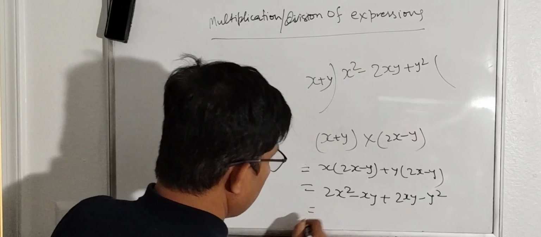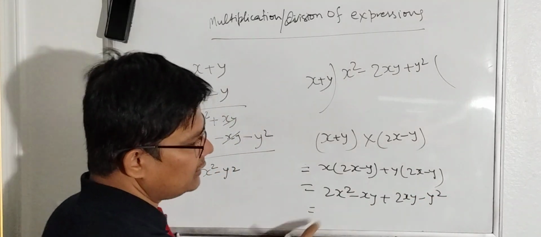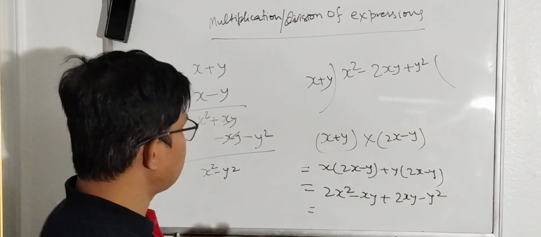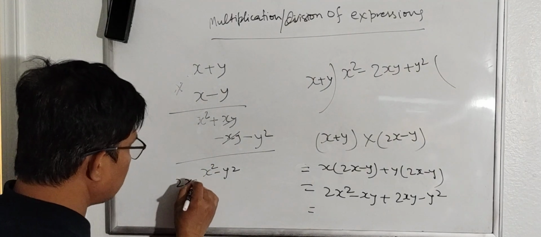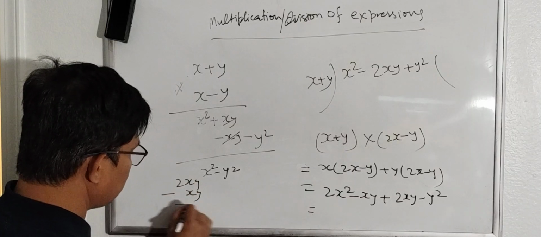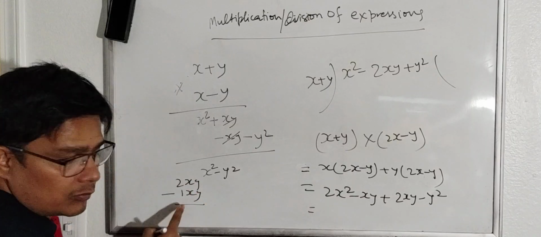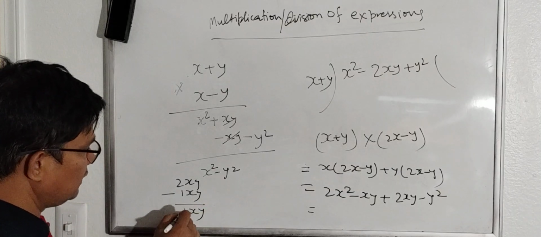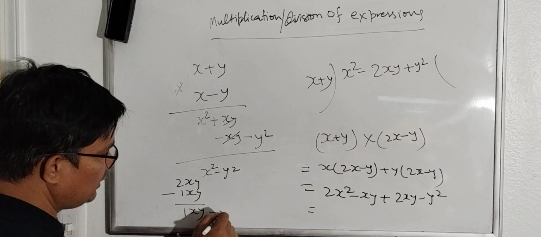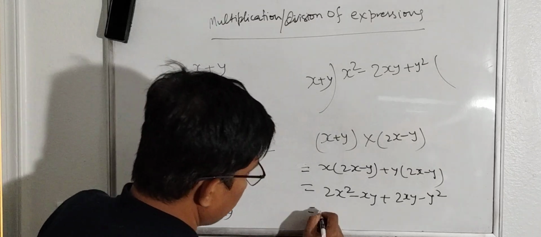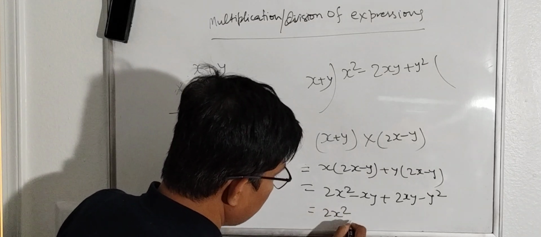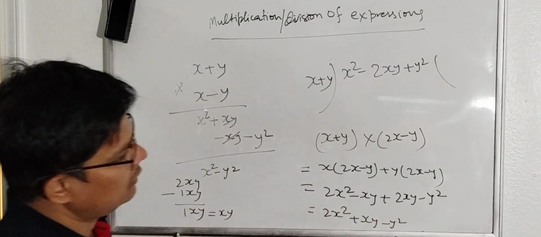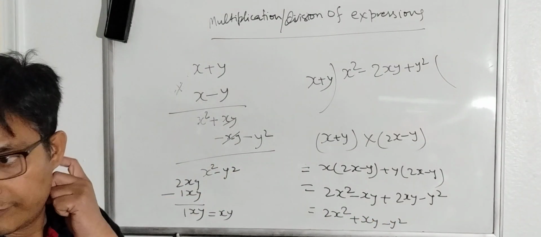Now tell me, 2xy minus xy, this will be xy, because it's very simple. 2 minus 1 is 1, and xy will be there. So it became 1xy, which is the same as xy. So we can write here 2x squared plus xy minus y squared. So this is the answer we got.